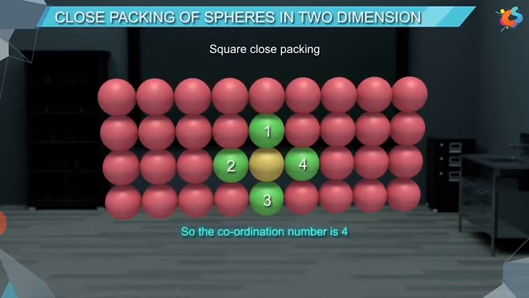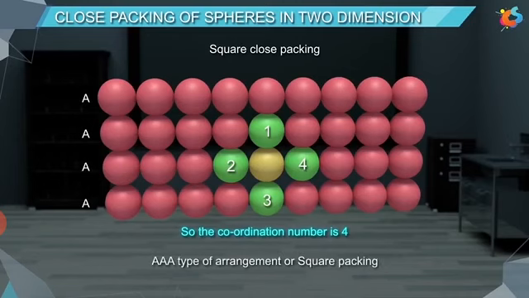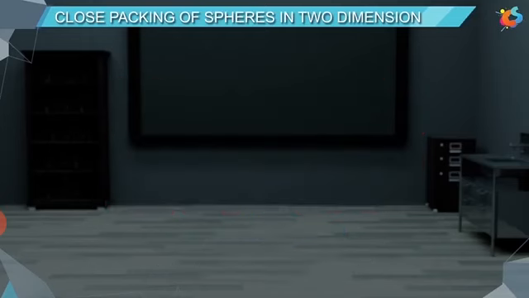That is, the nearest neighbors of any atom will be 4. This type of packing is also known as AA packing, since all the spheres are exactly over each other. So, also known as AAA type of arrangement or square packing.